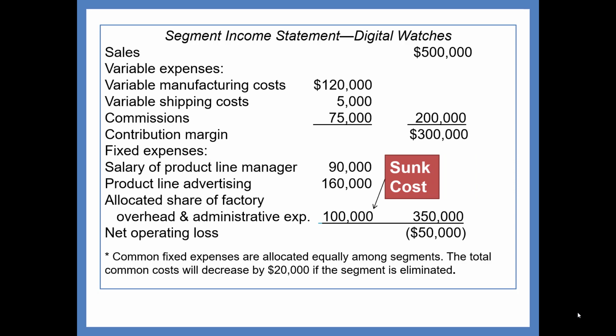Now, the problem with some of these allocated costs is some part of them are going to be considered sunk cost. In this case, since only $20,000 of that $100,000 can be eliminated, we've got $80,000 of sunk fixed costs. This would be reallocated back to the fashion watch line if we eliminate the digital line.